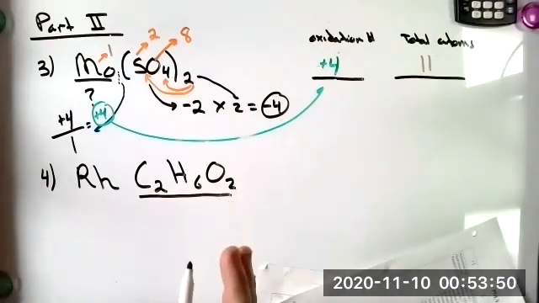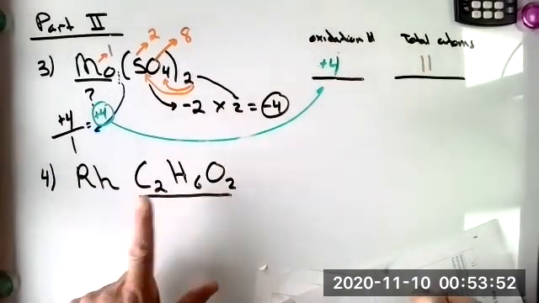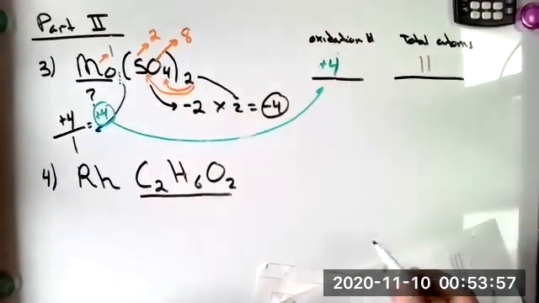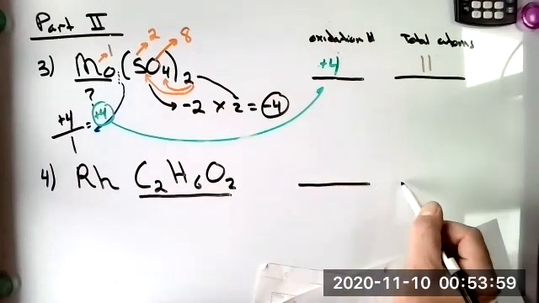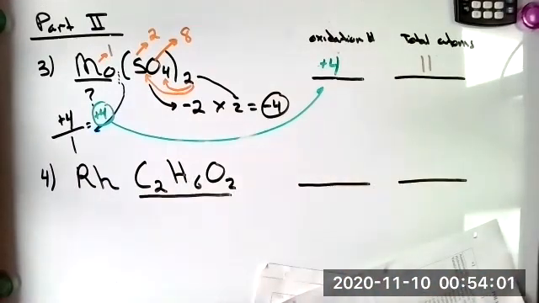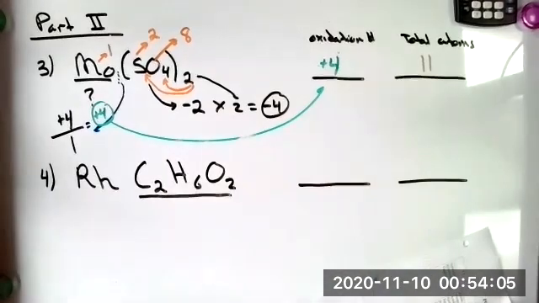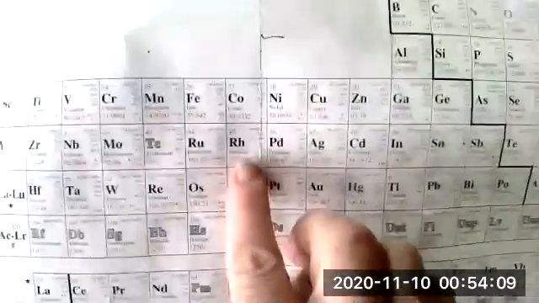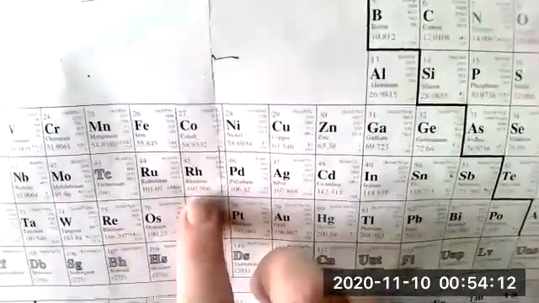Remember, don't change how you do these. It doesn't matter which part's underlined. The process is still going to be the same. And let's get in the 2 questions. All right, give it a shot. Rhodium, I'll save you some time, is sitting right here in the middle of the table.